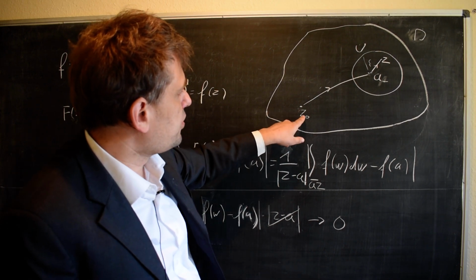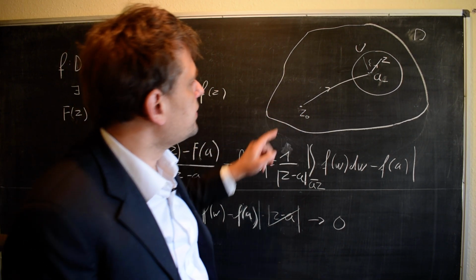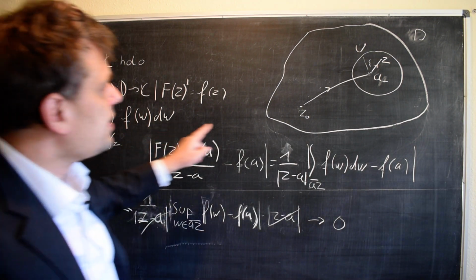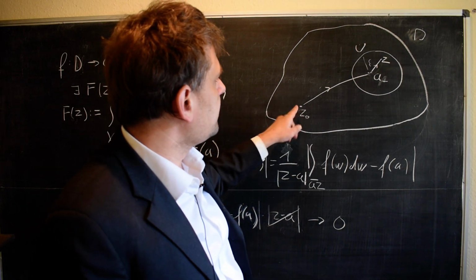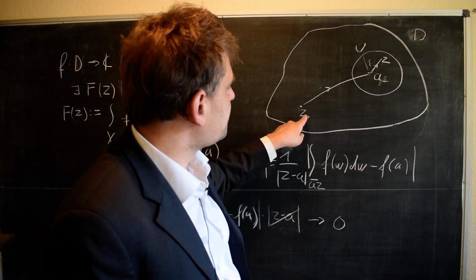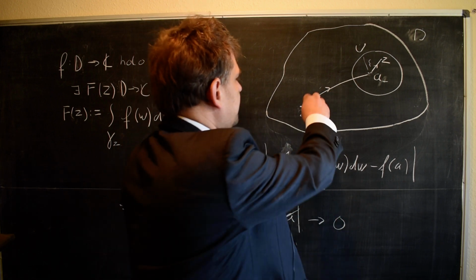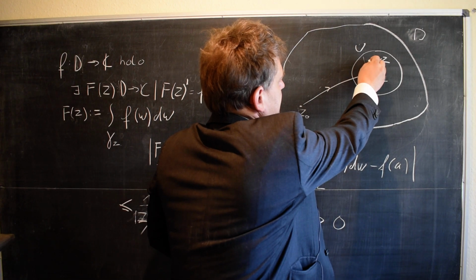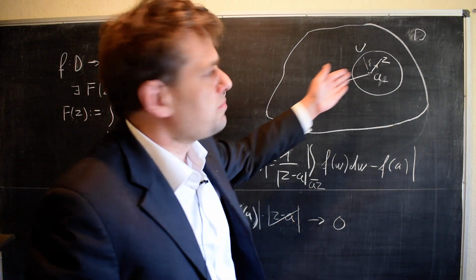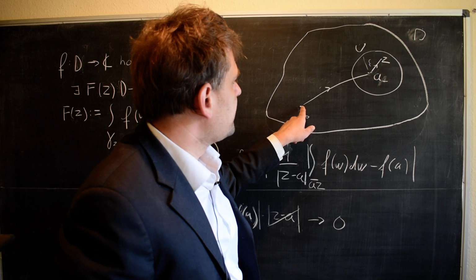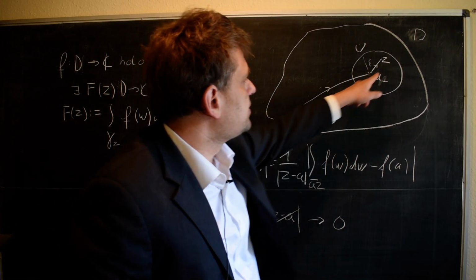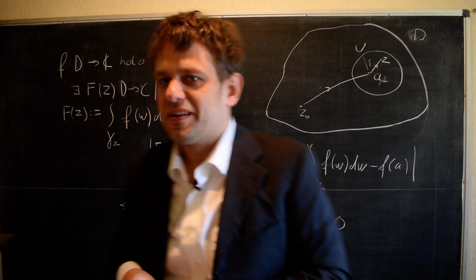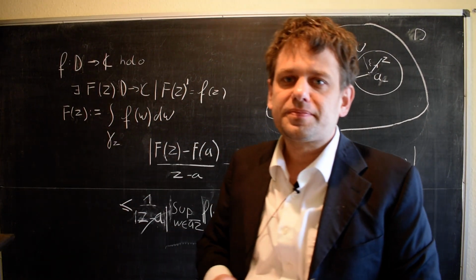Now to evaluate this integral, F of z, we simply integrate along an arbitrary way going from z0 to z. Let me hint a way here, just in dots, because it doesn't matter which way we choose. We pick any way from z0 to z and integrate along this, and we call the result F of z.